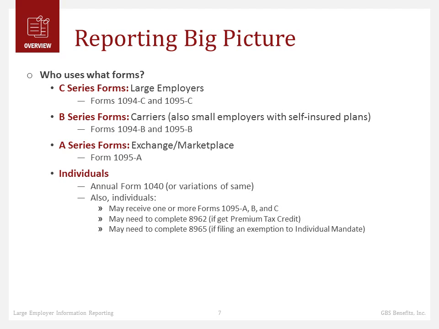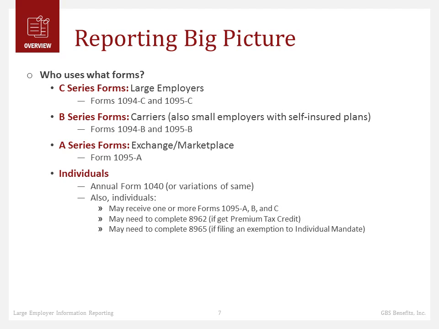The B-Series forms are for carriers, also small employers with self-insured plans, and technically they're also for large employers. However, there's a special section on the C forms for large employers to fill out if they're self-insured, so that they don't have to also fill out the B forms.